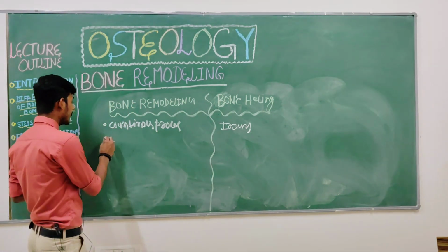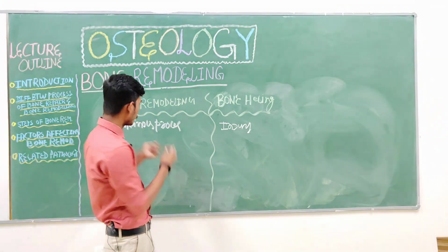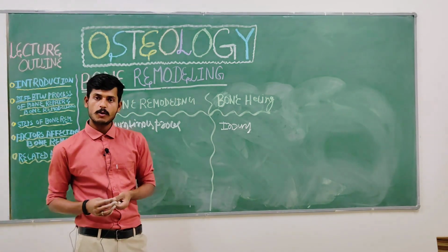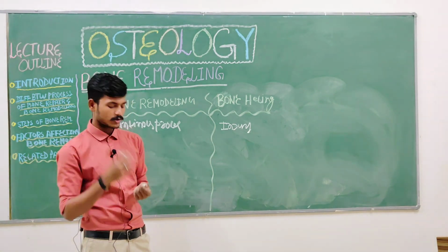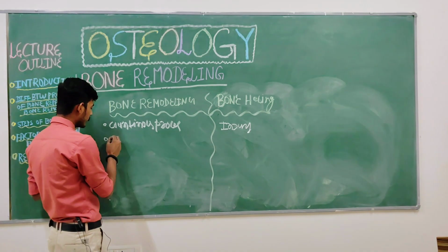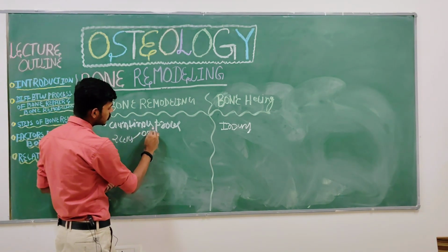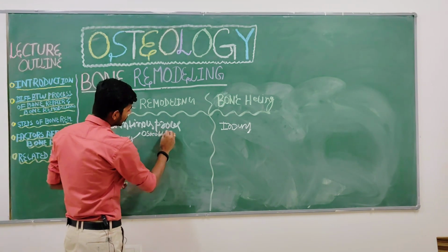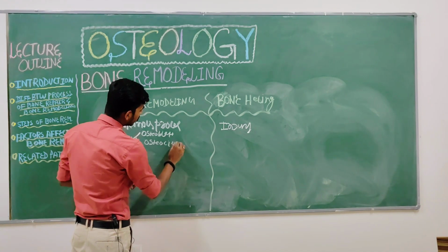The second difference is the involvement of cells. As you've seen, in bone remodeling mainly two bone cells are involved, the osteoblast and the osteoclast.